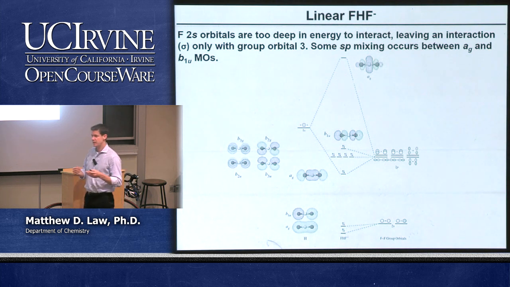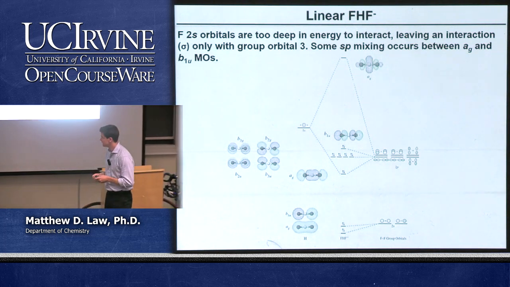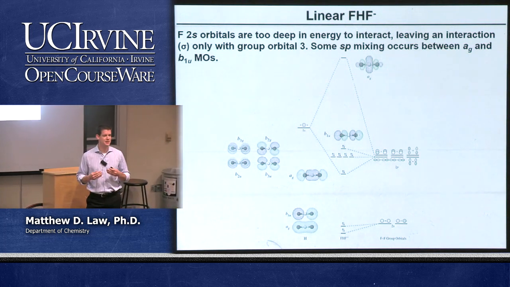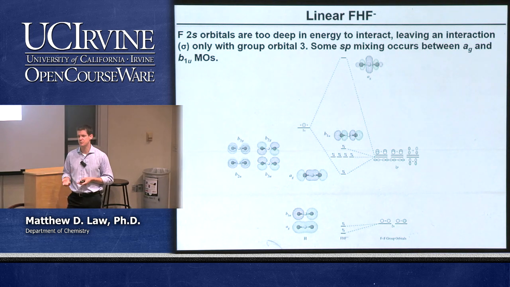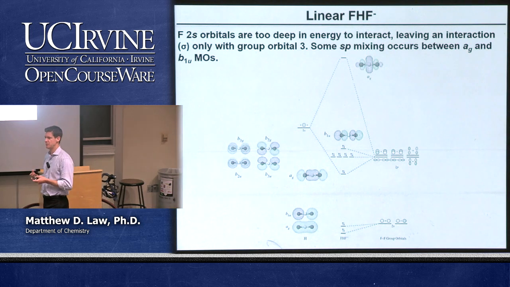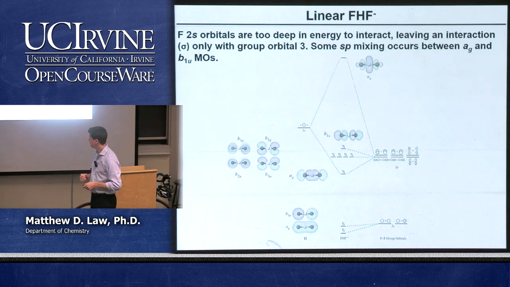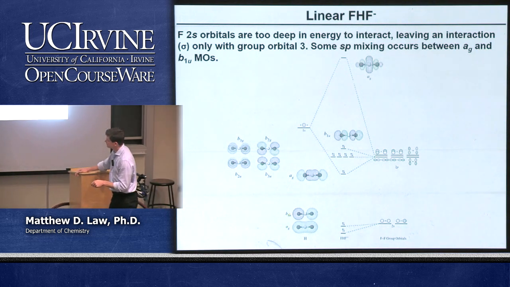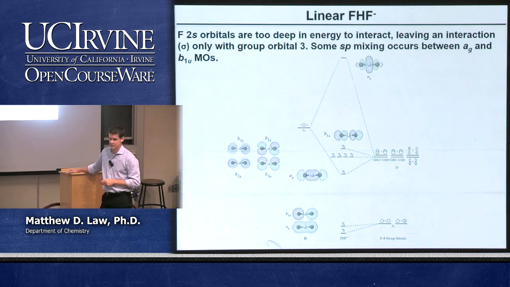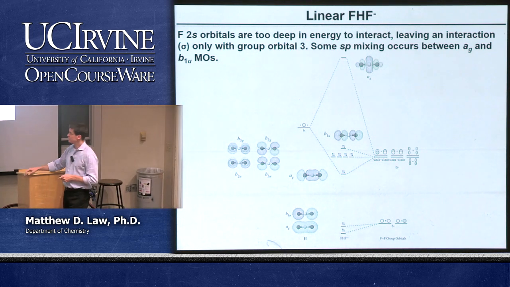But as I mentioned, we have a little bit of orbital mixing. Why do we have orbital mixing? It's because, as you might remember, anytime you have molecular orbitals that have the same symmetry and different energy, they will interact a little bit and they will cause the lower energy orbital to decrease slightly in energy and the higher energy orbital to come up in energy slightly. So we have to look at the symmetries of our molecular orbitals and find out, do we have any matches? And we definitely do.